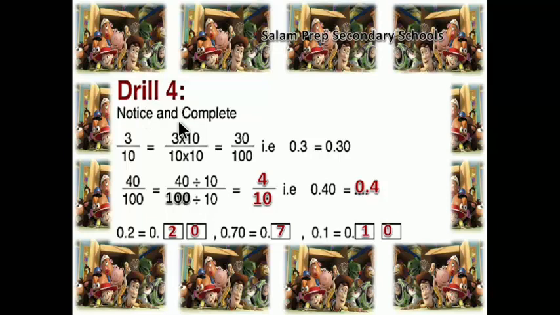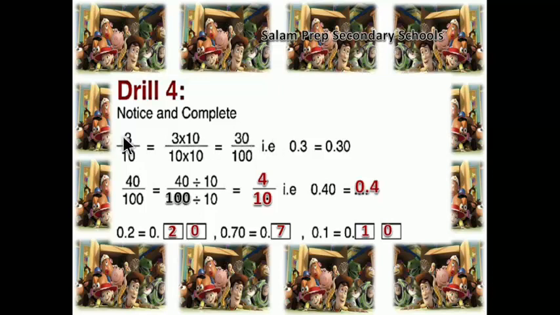Drill 4. Notes and complete. 3 over 10 equal. If we multiply the denominator times 10, 10 times 10 equal 100, and also numerator times 10, 3 times 10 equals 30.